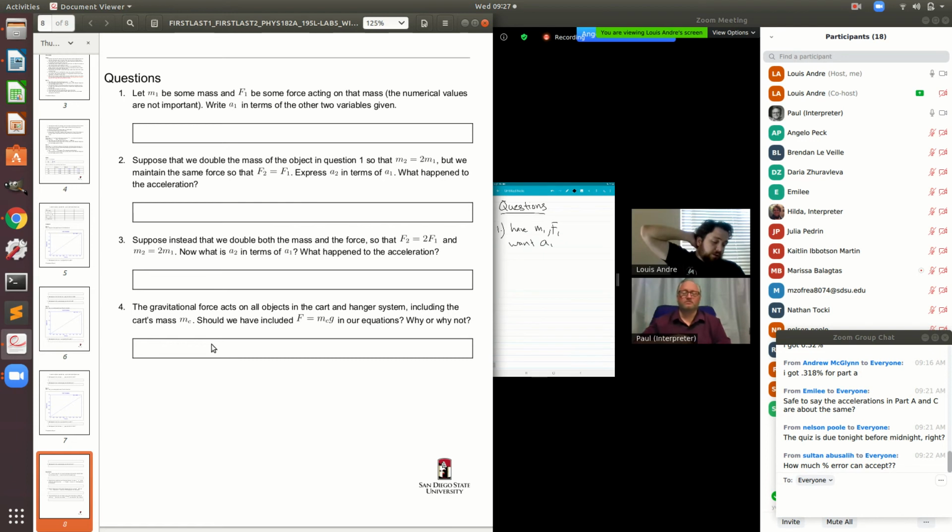Well, do we know of an equation that relates F, M, and A? We do, right? Newton's second law. So we should say F1 is equal to M1 A1. If we want to write A1 in terms of the other two, that means we need to solve this for A1. So we have F1 over M1 is equal to A1. Cool?